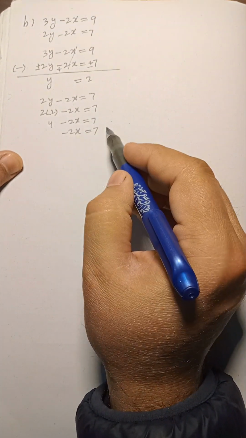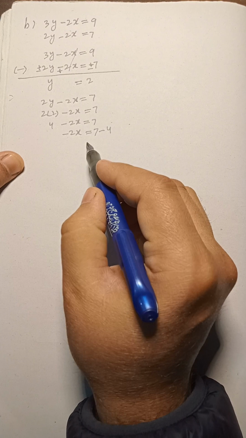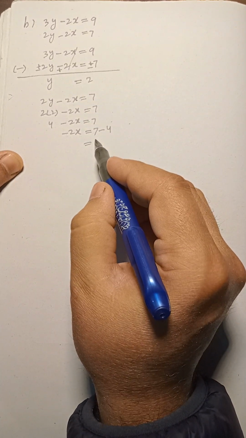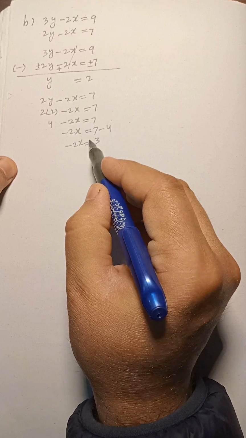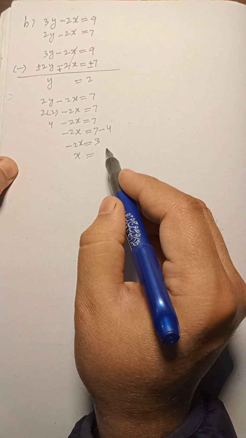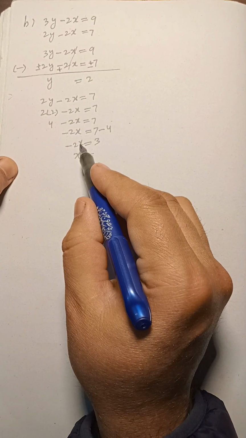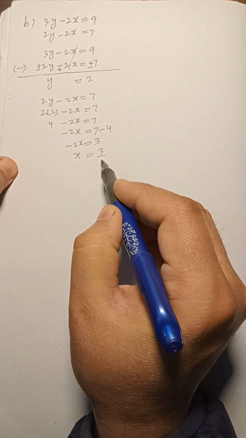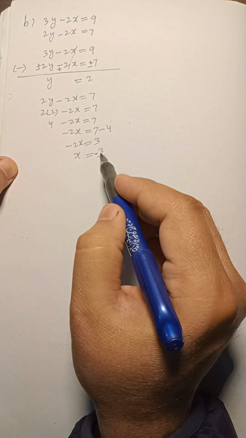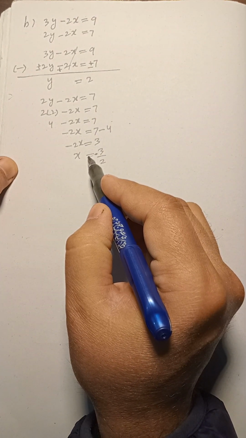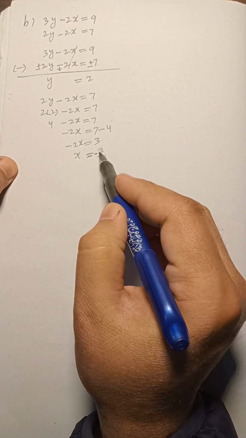This plus 4 will become minus 4 on the other side. So from 7 remove 4, answer is 3, and minus 2x here. Now carry this minus 2 on the other side. 2 is multiplied, it will be divided on the other side, and write the minus sign here. This minus sign will be written on the number side.